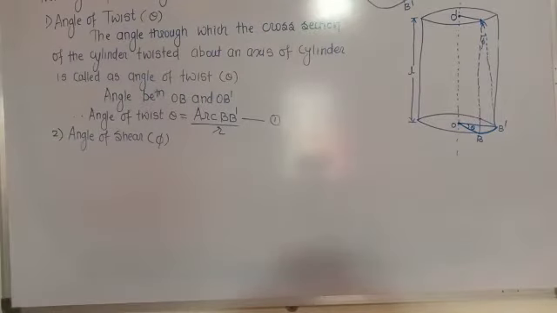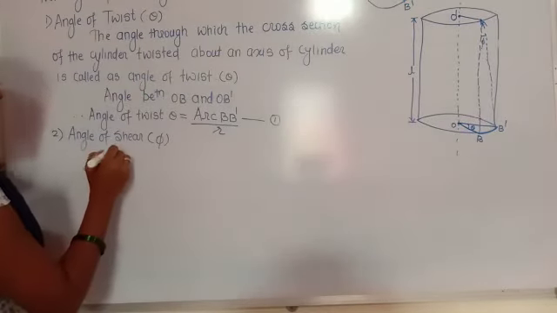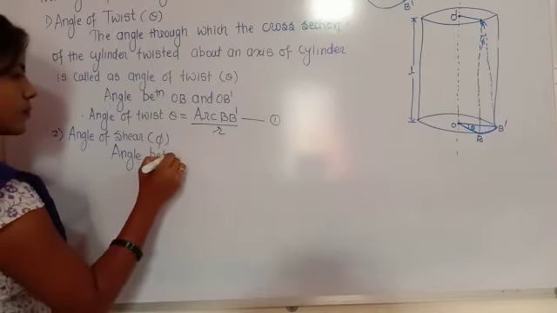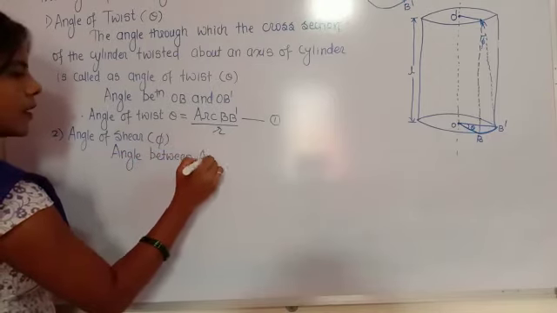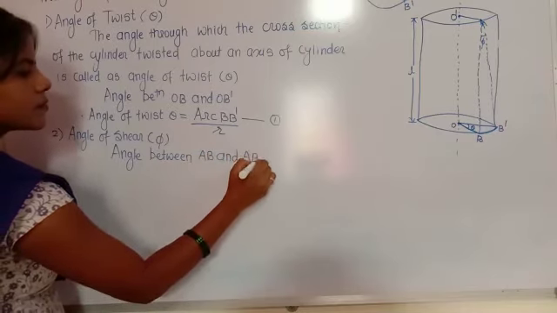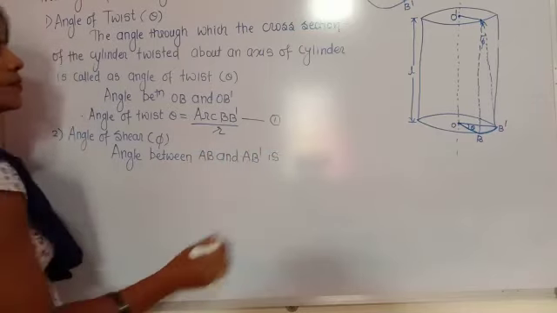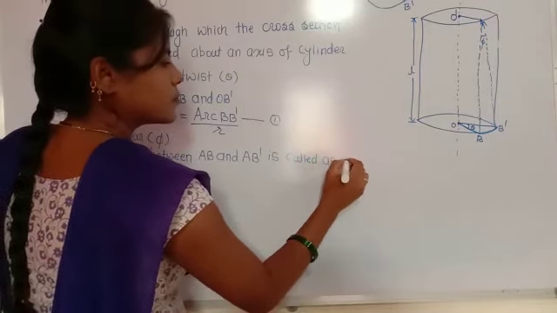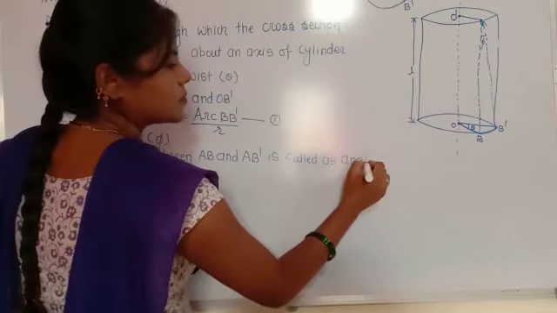The angle between AB and AB dash is called the angle of shear.